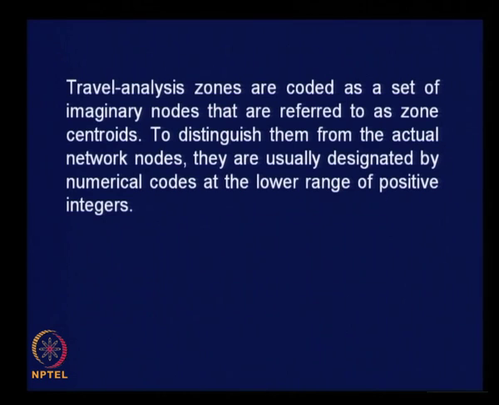And then travel analysis zones are coded as a set of imaginary nodes, as I pointed out in the previous class. The zone centroids are also considered as nodes and given node numbers. To distinguish them from the actual network nodes, they are usually designated by numerical codes at the lower range of positive integers.